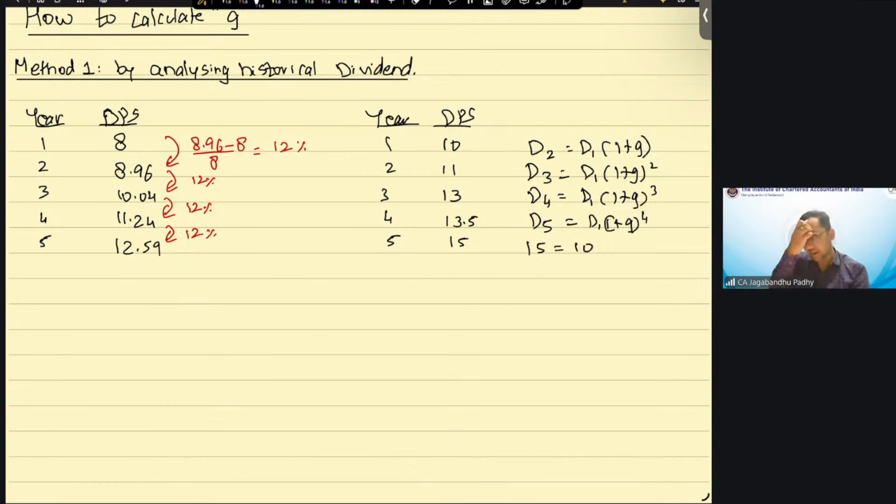And when we started analyzing, it was 10. So what is the average growth rate that we have? That's simply 1.5 equal to 1 plus g raised to 4. So 1 plus g will be the fourth root of 1.5.